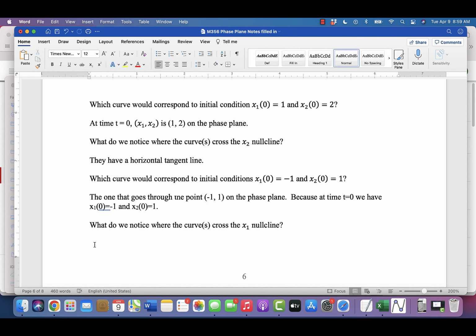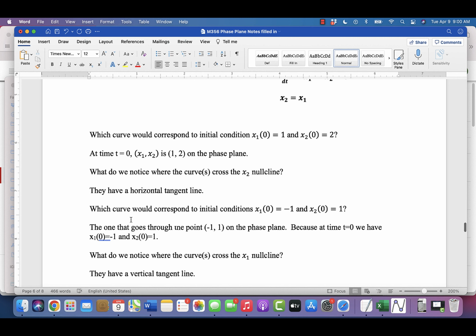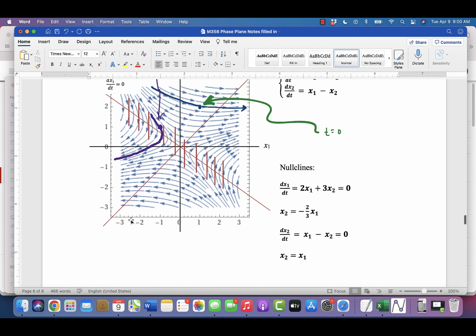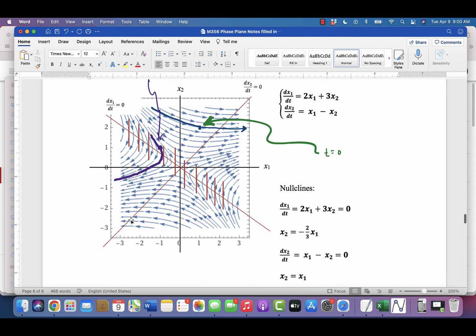So what do we notice where the curves cross the x1 nullcline? They have a vertical tangent line. Why would that be, though? Well, the x1 nullcline is the set of points where the x1 derivative is 0.